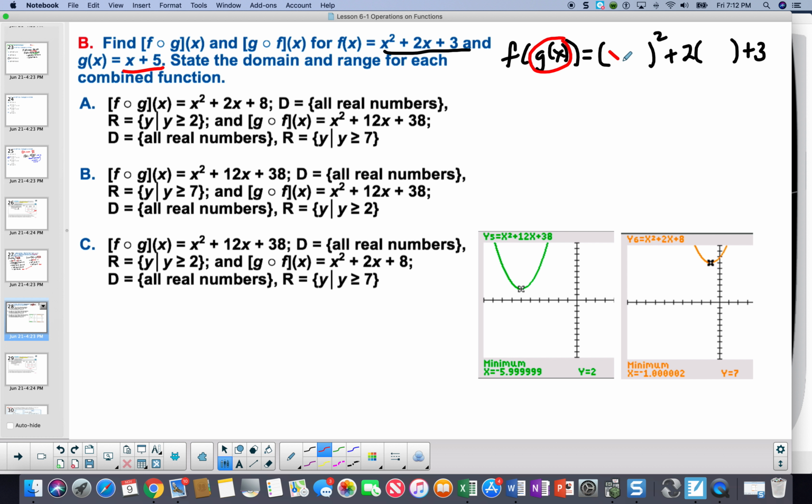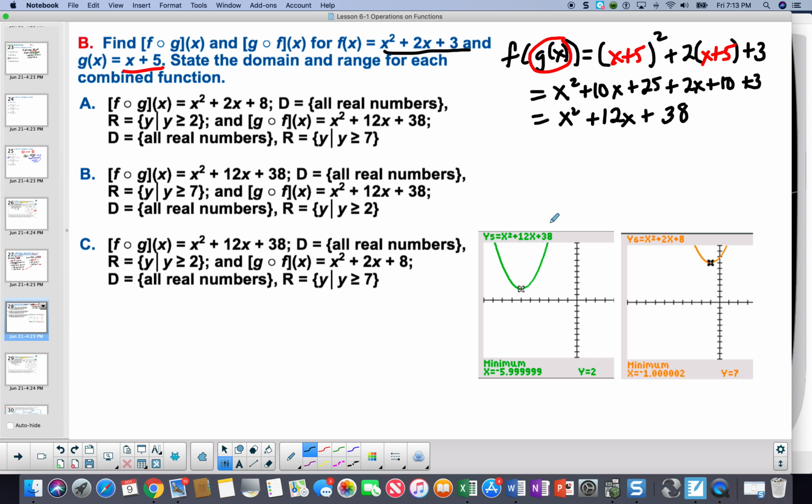It is x plus 5. Okay, and now I'm going to multiply out, so this is going to be x squared plus 10x plus 25 plus 2x plus 10 plus 3. So this is x squared plus 12x, and then this is plus 38.